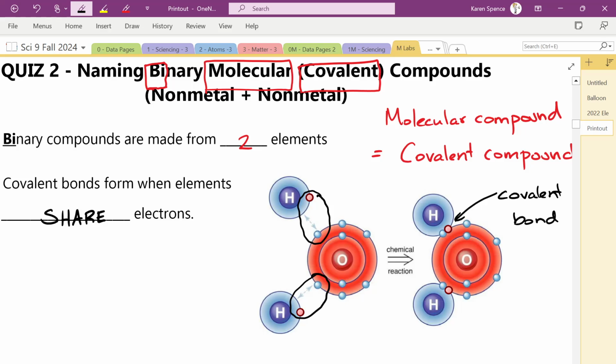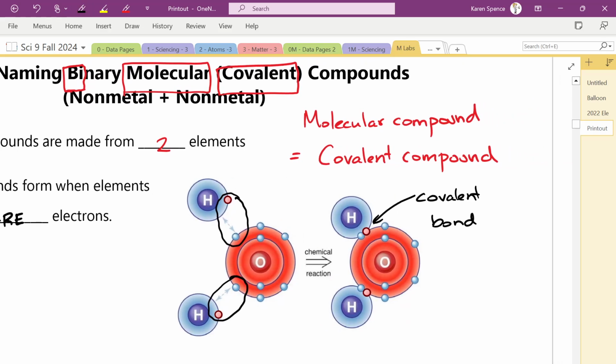The reason we call them covalent compounds is because they contain covalent bonds. But we can call them molecular compounds because what do we call this particle that was formed? An H2O particle is called a molecule. So that's why they're sometimes called molecular compounds, because they form molecules.